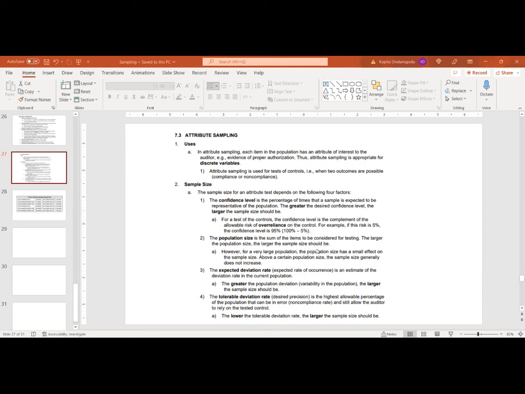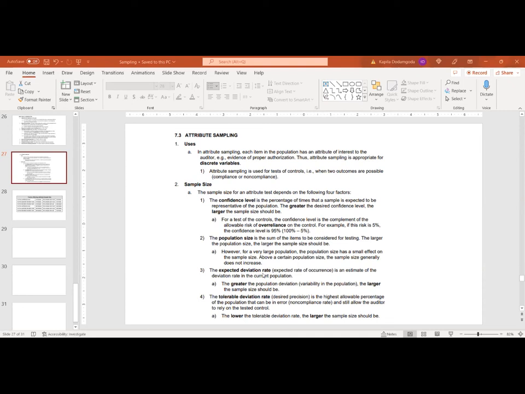The second one is that you are trying to check for controls. Say you are going to check the controls. If you feel that the non-compliances are bigger, the expected deviations are more, so the non-compliance rates are going to be higher, then you have to pick a big sample for you to be comfortable.